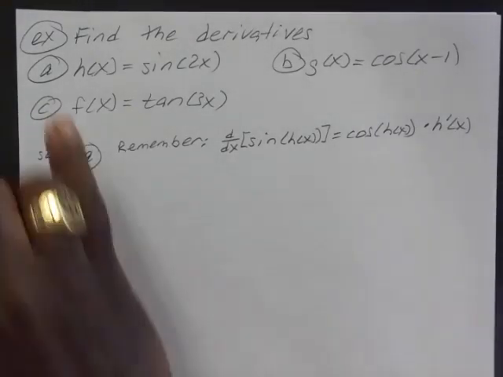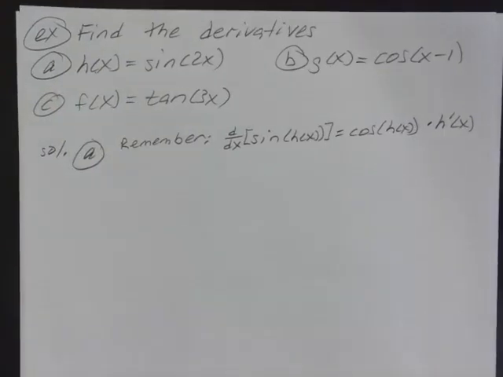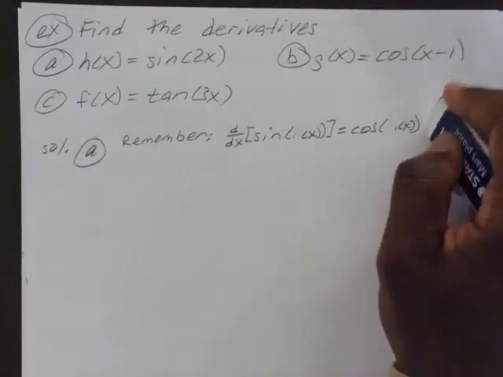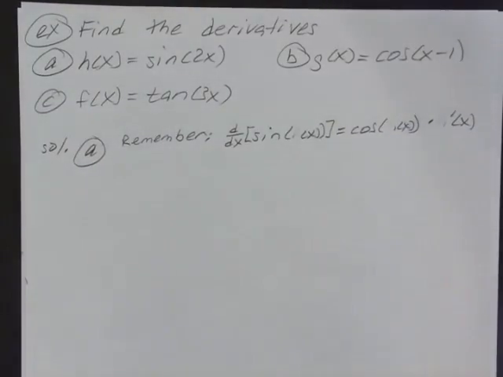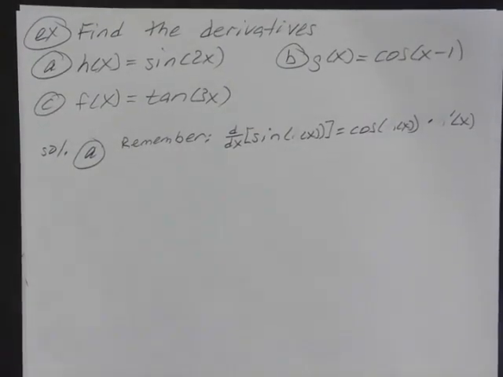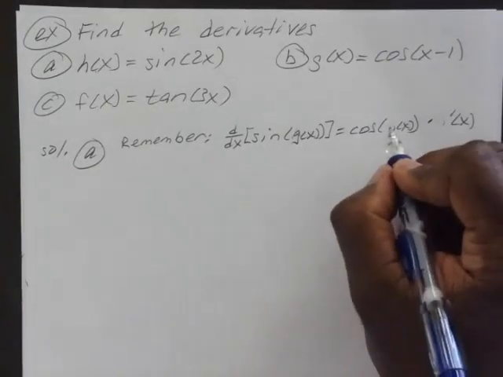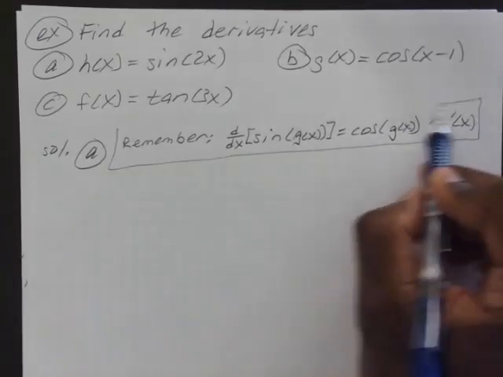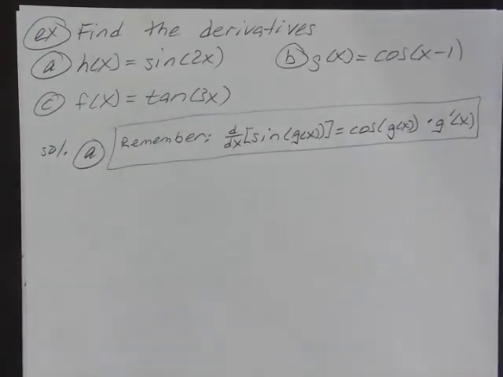I don't know which variable I should use, since this is h of x. I'll just use g of x. I'm overthinking this a little too much. I'll change it for B. Instead of using g of x for that one, I'll change it.